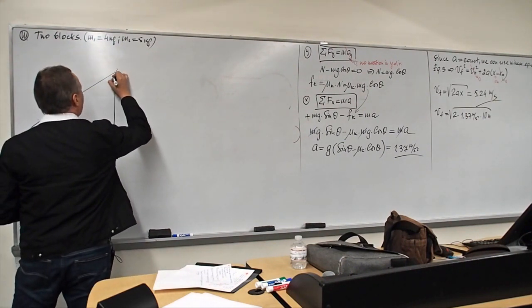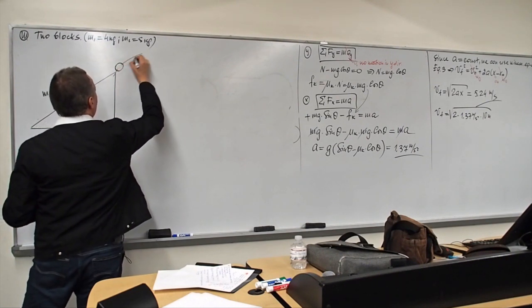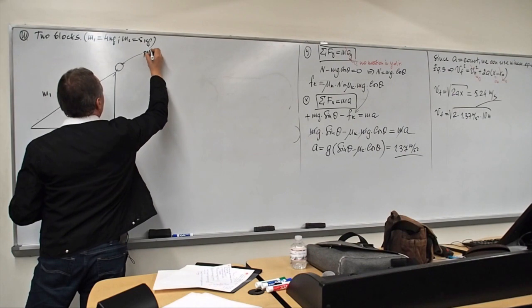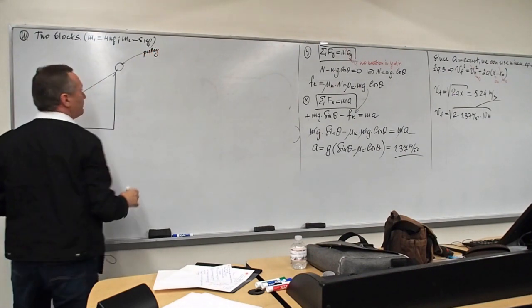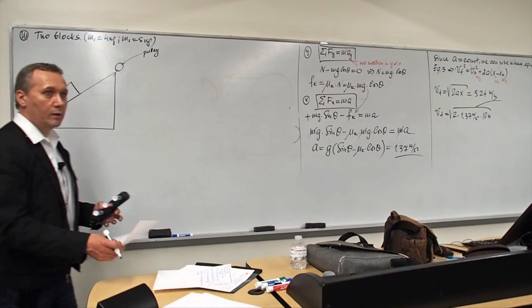Then there is a pulley. As usual, we're going to assume the pulley is massless and frictionless. If the pulley is massless and frictionless, what does it do in the problem?